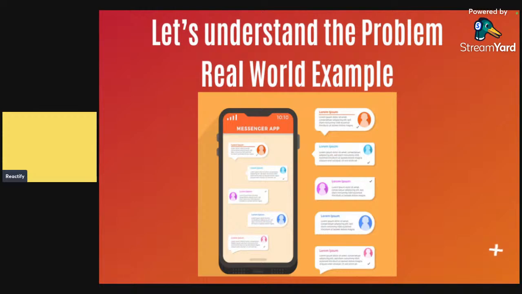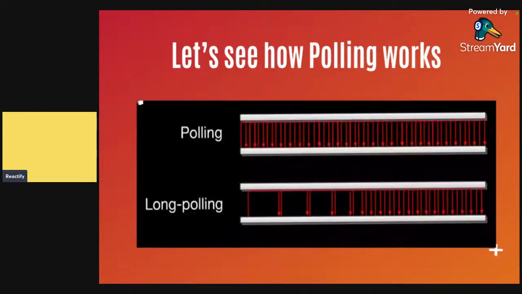To form real-time communication, what we can do is use polling. If we want to keep using the HTTP protocol and form a real-time communication, then we can do polling.